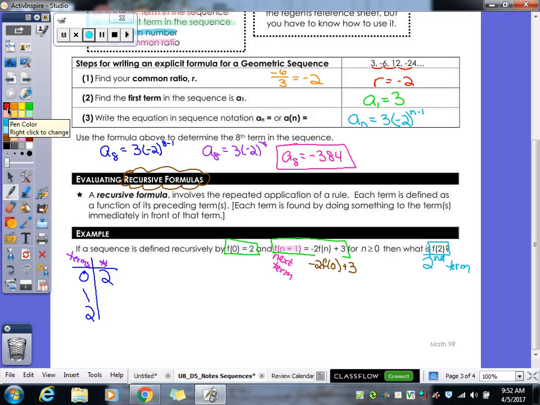They told me that was a 2, so I just got to plug 2 in. So what's negative 2 times 2? Negative 2 times 2 plus 3. So our first term would be negative 1.